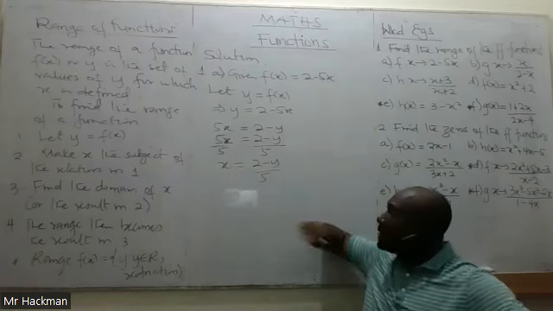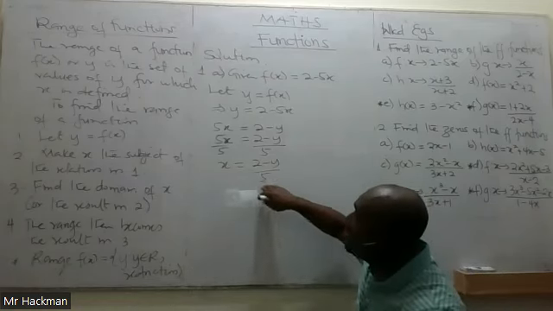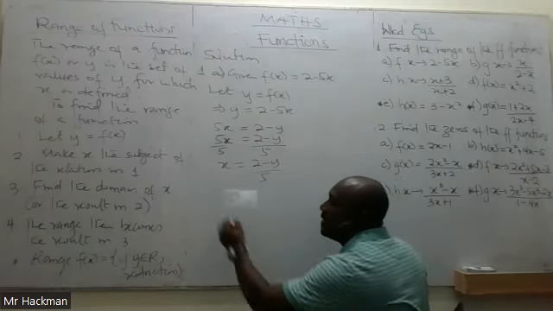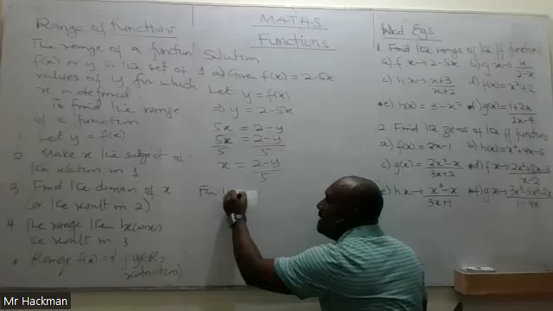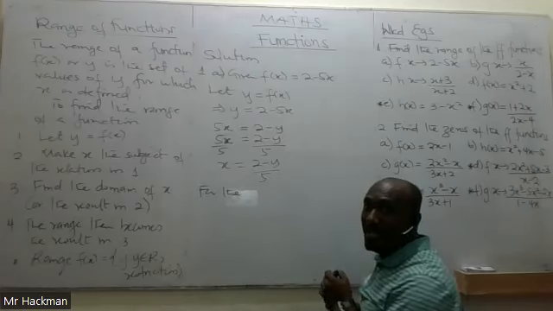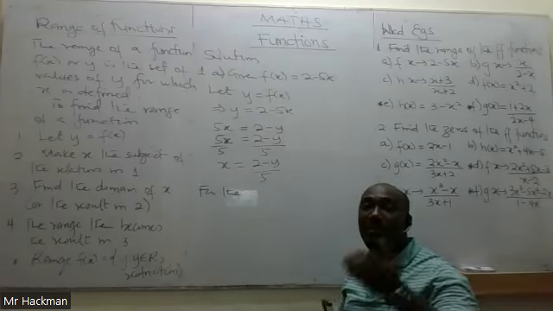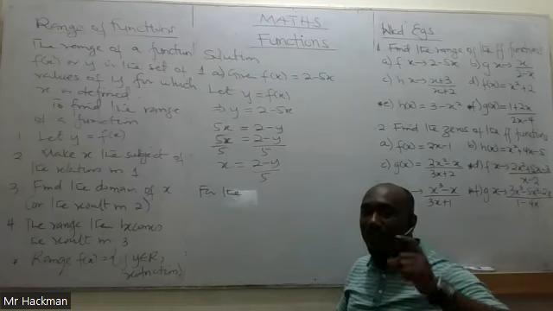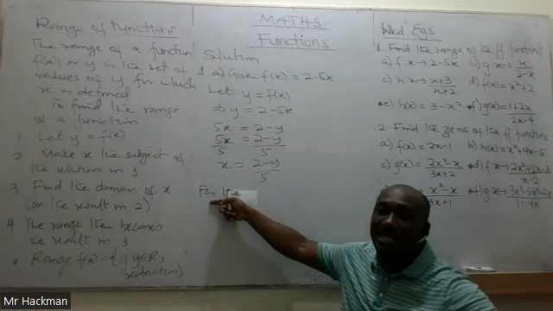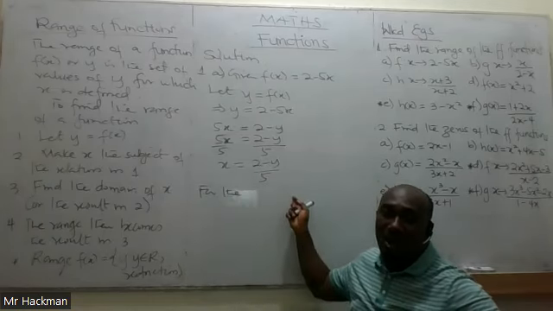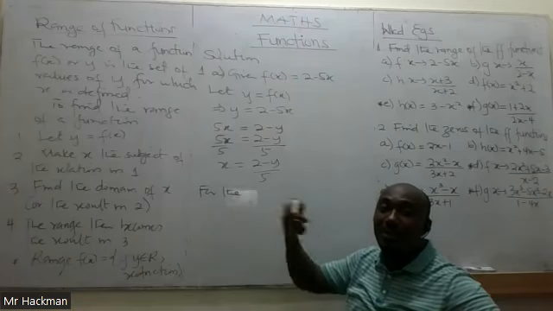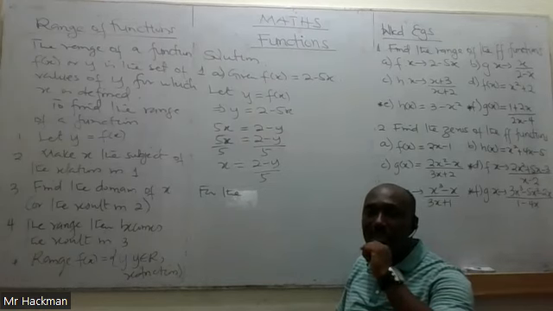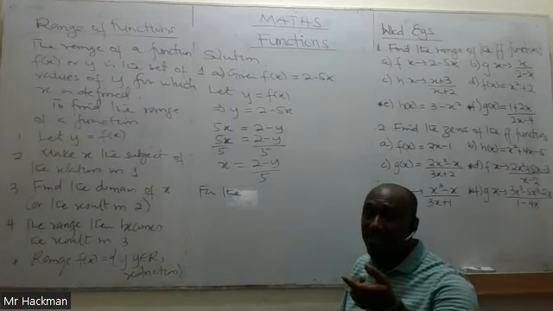Now we are going to find the domain, which indirectly is the range. Before you write that, remember I've told you, investigate whether you have a restriction. It's when you have a restriction that you write for the domain, or in this case for the range, because you know the domain will be the same as the range. You can use the two interchangeably, but you have to conclude with the range anyway.